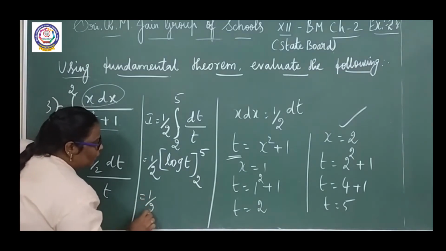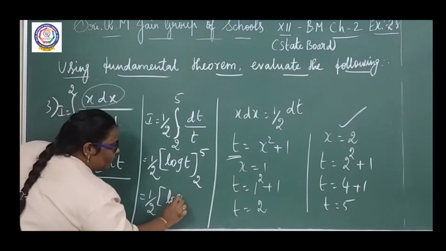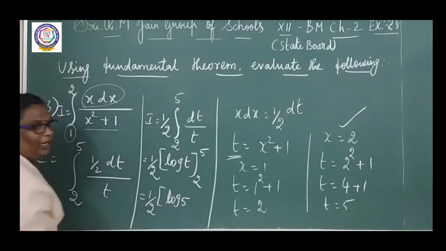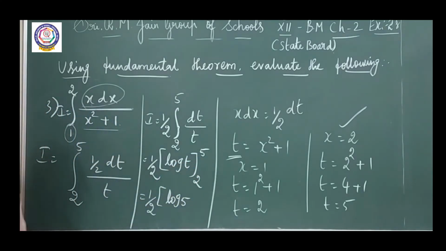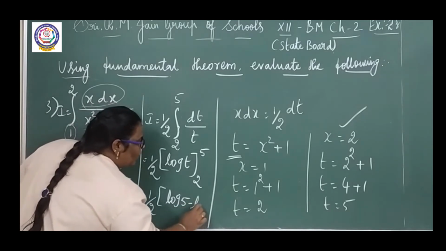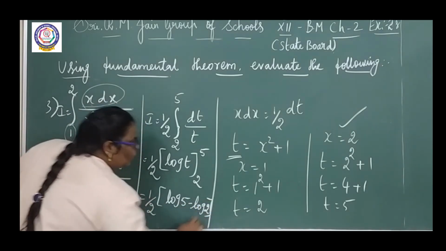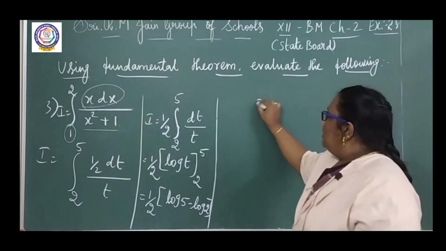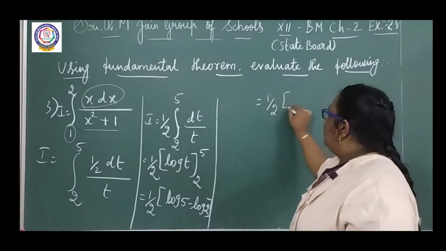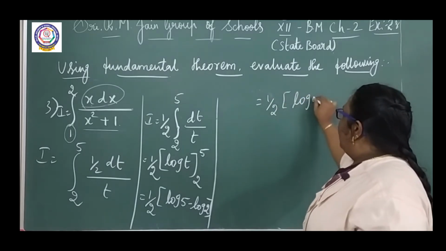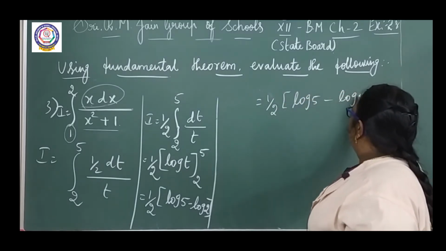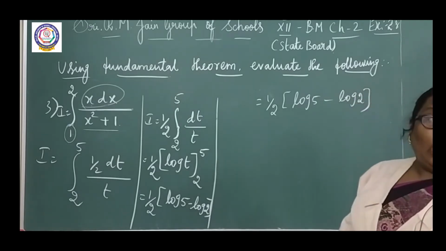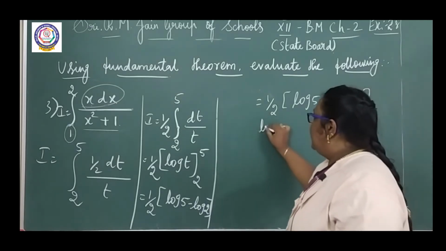So 1 by 2 into, upper limit 5 minus lower limit 2. 1 by 2 into log 5 minus log 2. What is the formula for log m minus log n?